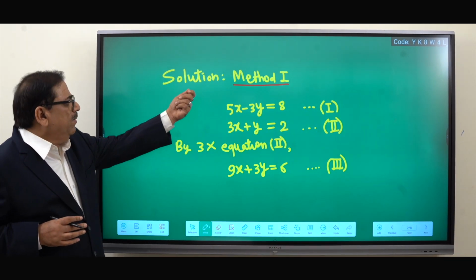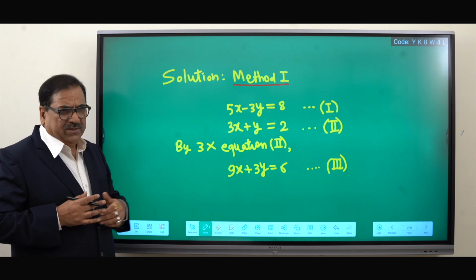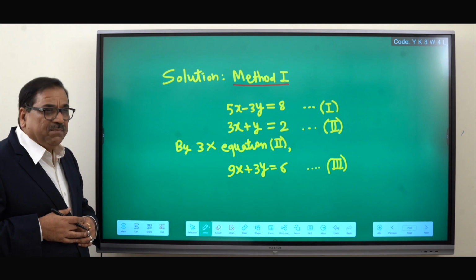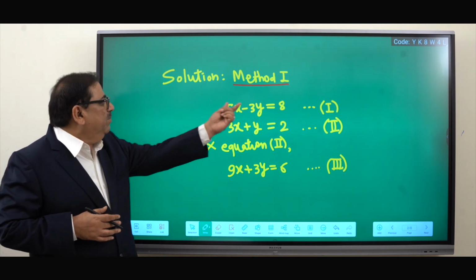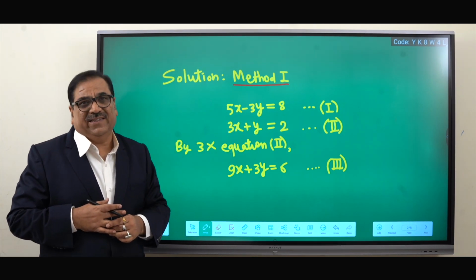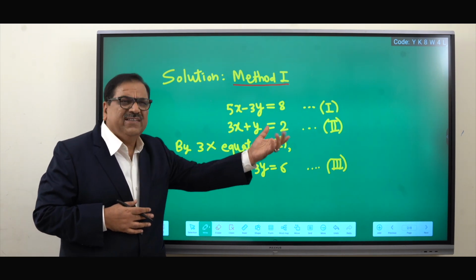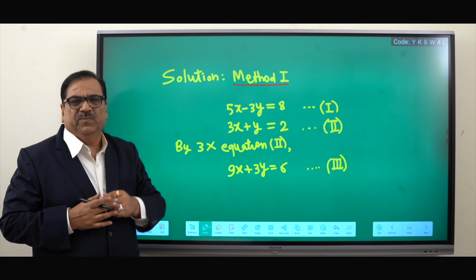This is the solution. Method 1. The first equation, 5x minus 3y is equal to 8, we will call equation 1. The second equation, 3x plus y is equal to 2, we will call equation 2.